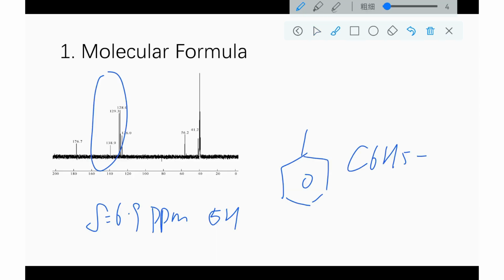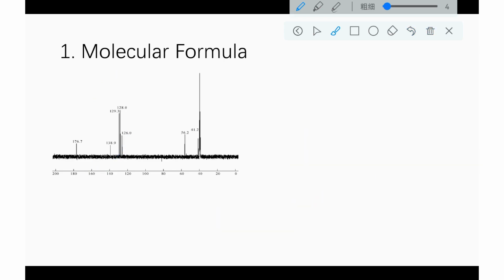But in the carbon NMR, in this aromatic region, there's only 4 lines. So we've actually missed 2 carbons because there were supposed to be at least 6 carbon atoms in this region. So our number of carbon is going to be equal to or larger than 7 plus 2, which is 9.